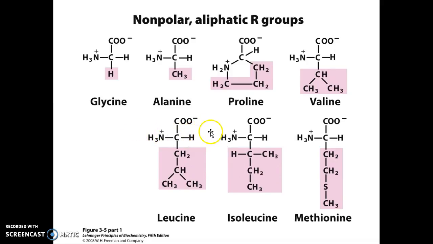There are several types of side chains, or R groups, in standard amino acids. This slide shows you the non-polar aliphatic side chains: glycine, alanine, proline, valine, leucine, isoleucine, methionine.